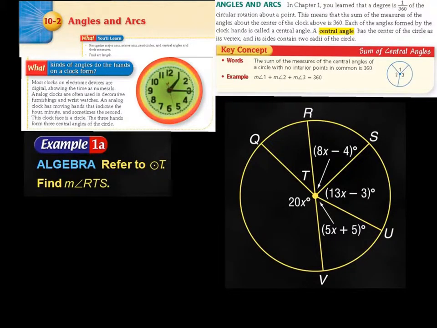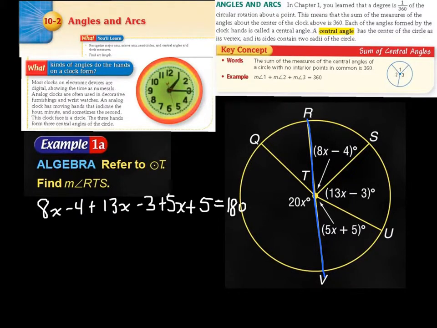For our first example, they ask us to find the measure of angle RTS. Well, the first thing we have to do is find x. And we can see that RV is a diameter, so that means that all of these angles must add up to 180.